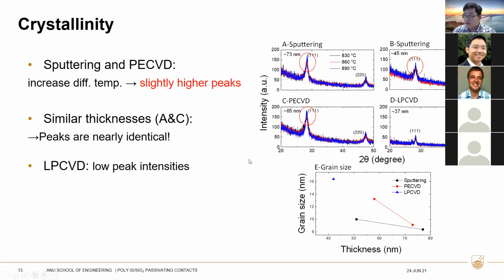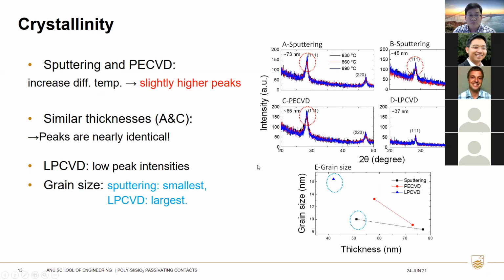For LPCVD, we see quite low peak intensities. This is the thickest film we got, and the peak intensity is quite low. To quantitatively compare the crystallinity, we calculated the grain size from the different XRD results here, and we found that sputtering has the smallest grain size. Meanwhile, the LPCVD sample has the largest grain size.